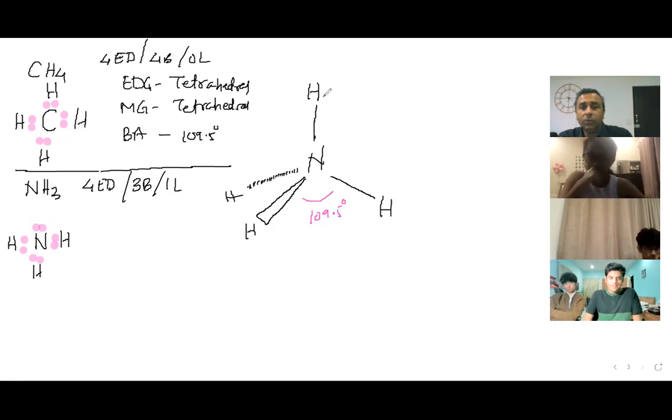So I will have to remove this hydrogen atom. And in the place of that hydrogen atom, there is a lone pair of electrons. This one. Okay, now let's write down the statistics.